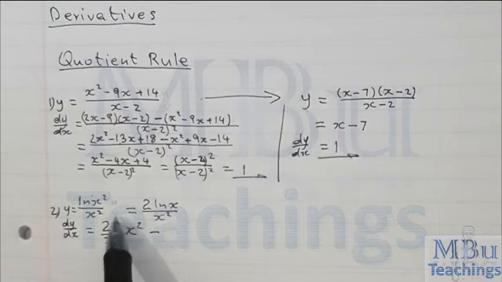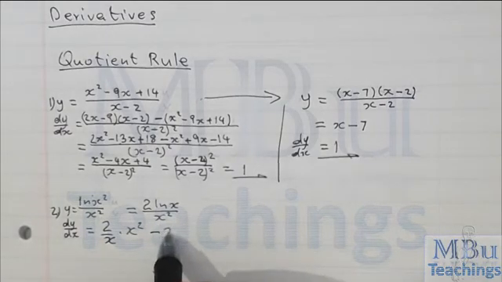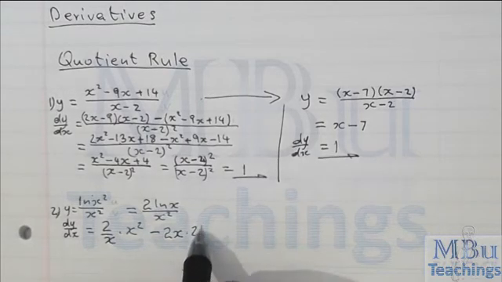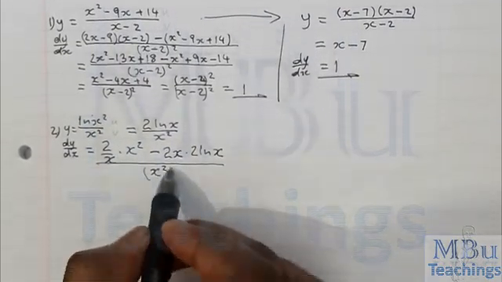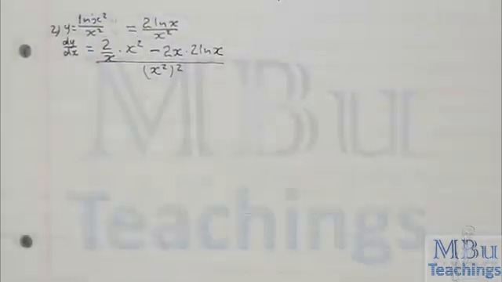Now we will derive v, which is 2x, and multiply by 2 ln x. Then everything over x to the power 2, all squared.